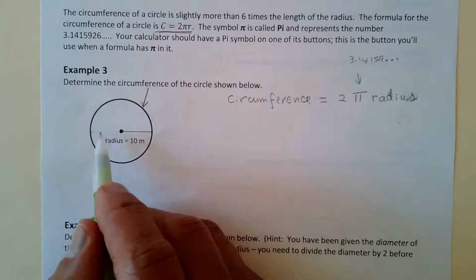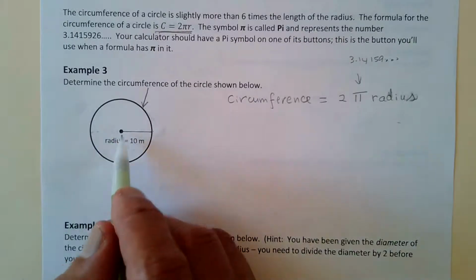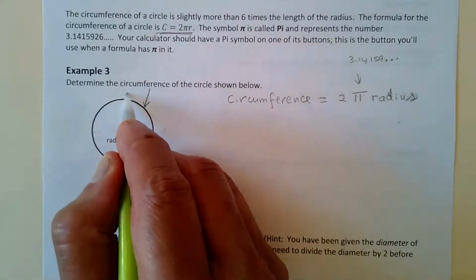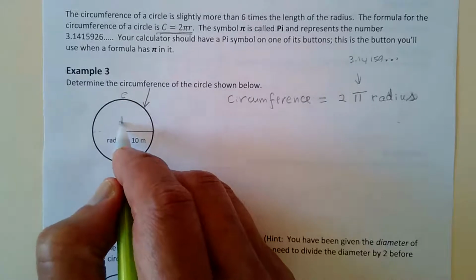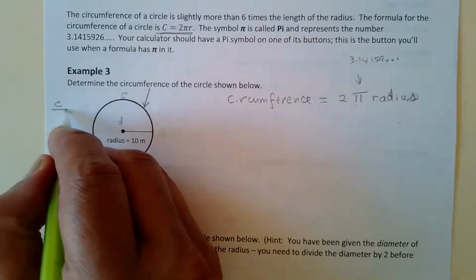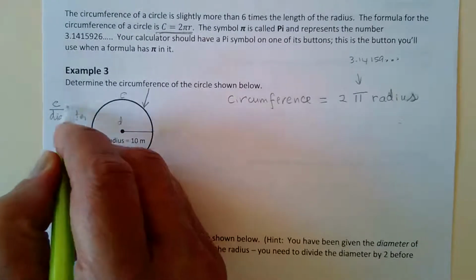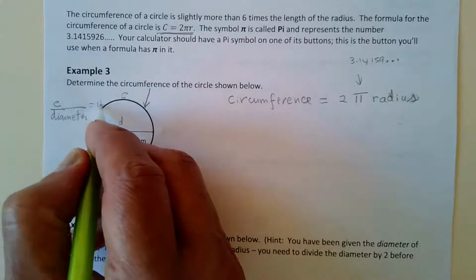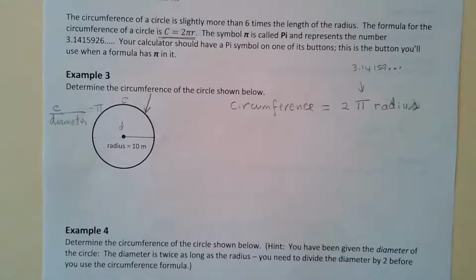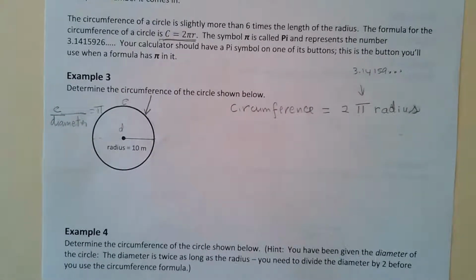It's the longest length within the circle. If I were to take the circumference divided by the diameter, you'll end up with pi. In other words, circumference divided by diameter is equal to that number. Doesn't matter what circle you use, you'll end up with that wonderful number called pi.